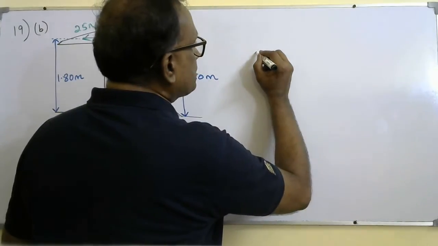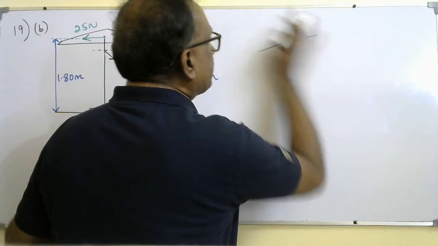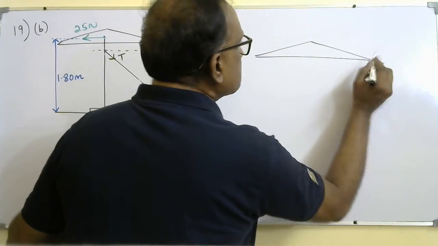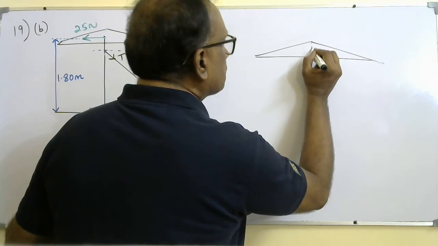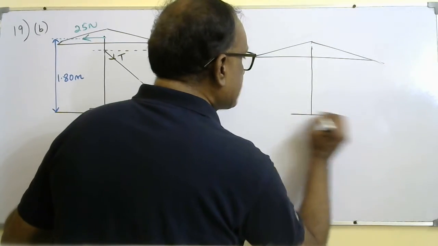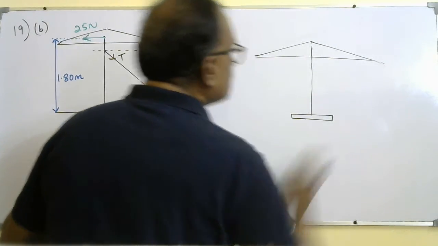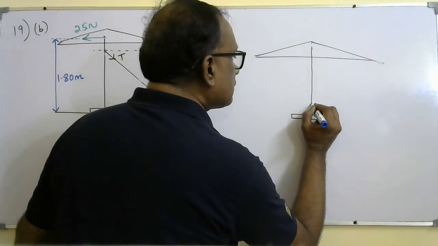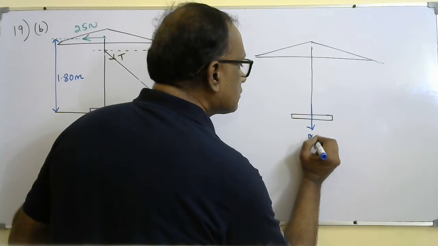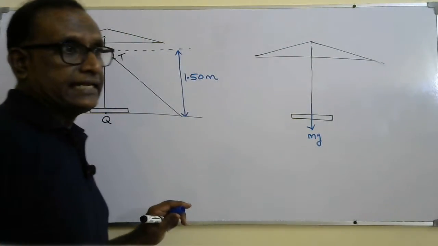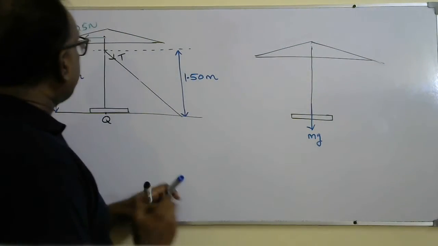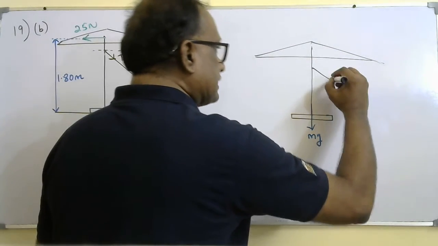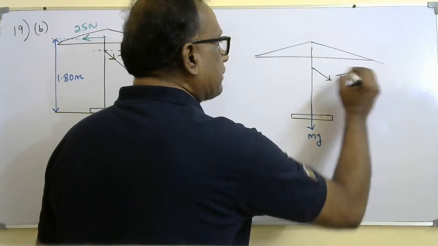If I draw the free body force diagram of the parasol again, it will be something like this. Here this is the base. The total weight is acting downwards. There's a tension T acting at this point in this direction.